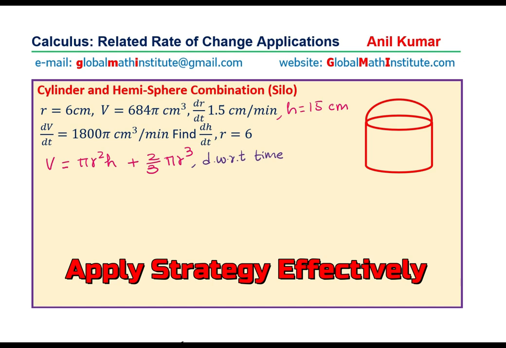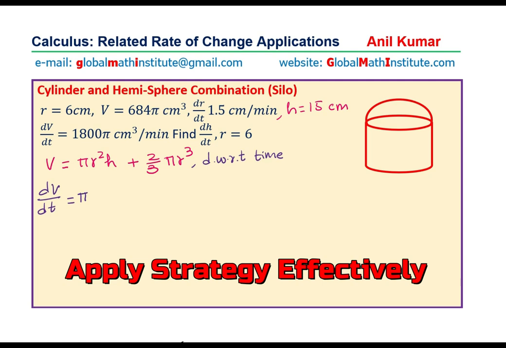Remember, both r and h are changing, so we need to apply product rule for the first term. So what do we get? We get dV/dt equals derivative of this. Pi is a constant, right?